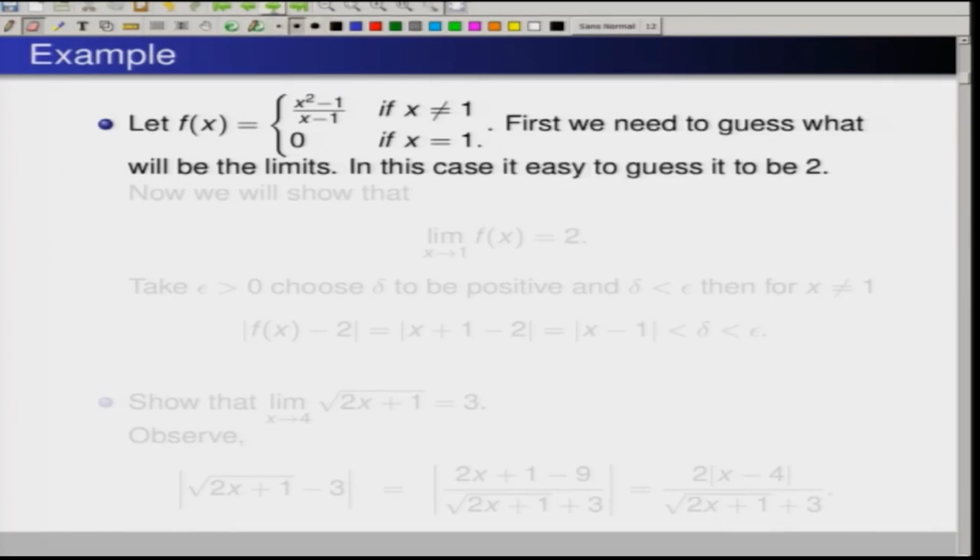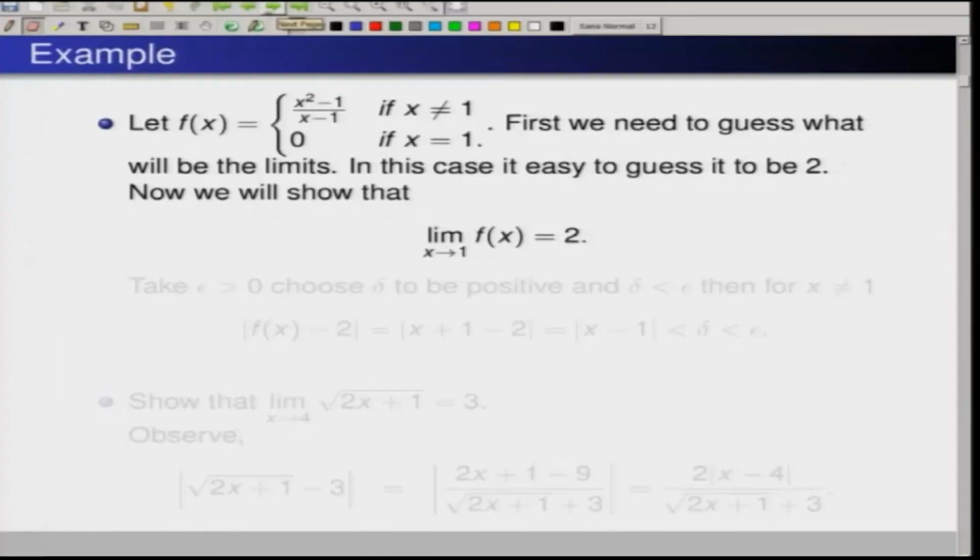Now, after we have made this guess, we want to prove rigorously that the limit of f of x as x goes to 1 is actually equal to 2. For that, we take epsilon positive. For every epsilon we want to find a delta.